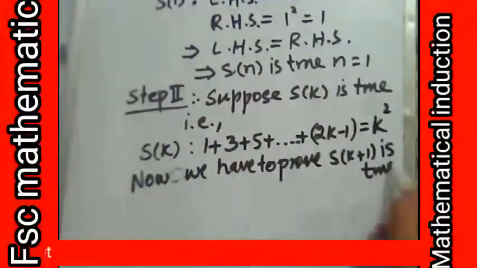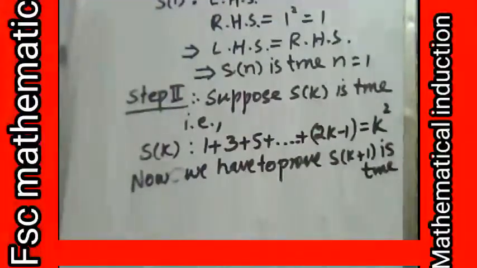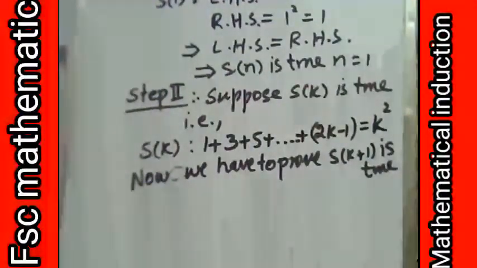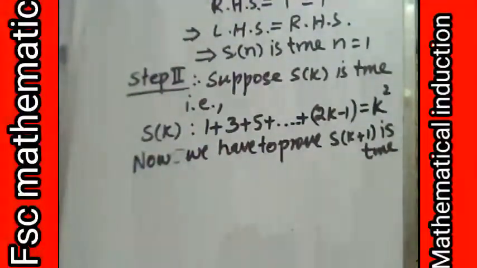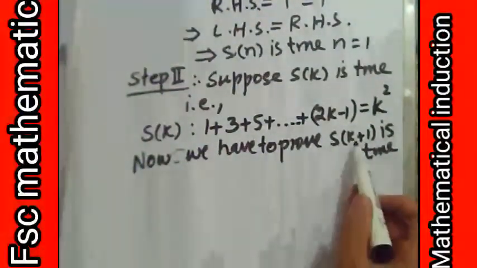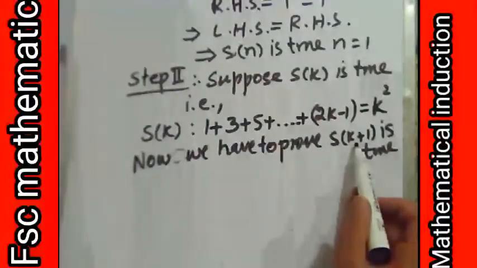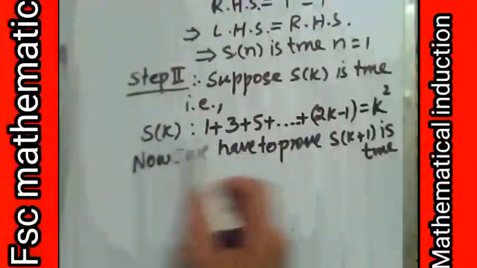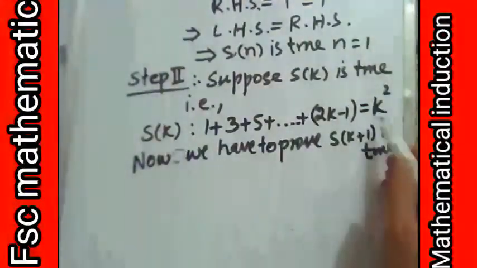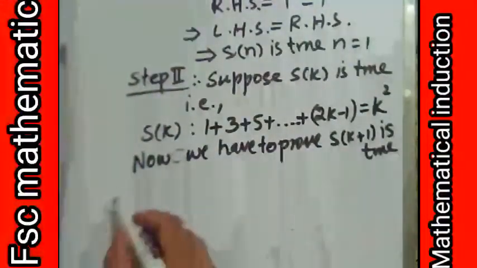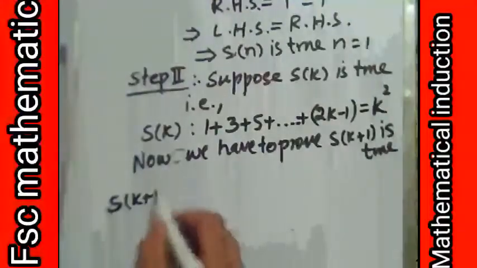We have to move further to the next positive integer. This is the kth positive integer, and we have to move to the next, k plus 1th positive integer. We have to make a statement for S of k plus 1. If this statement is transformed for k plus 1 values, what will it look like?